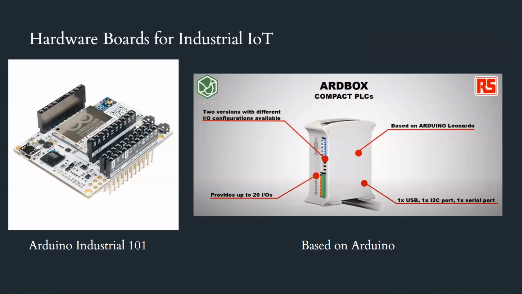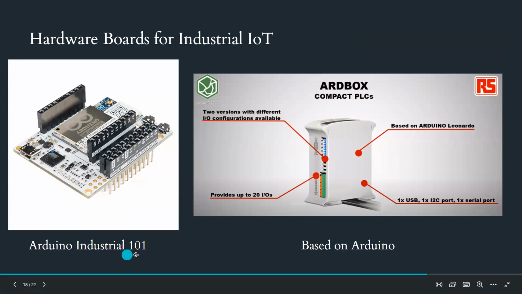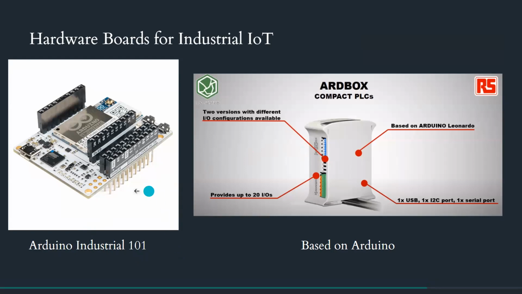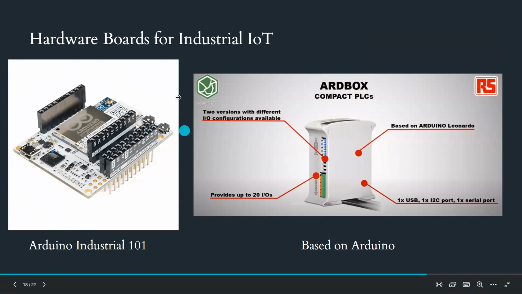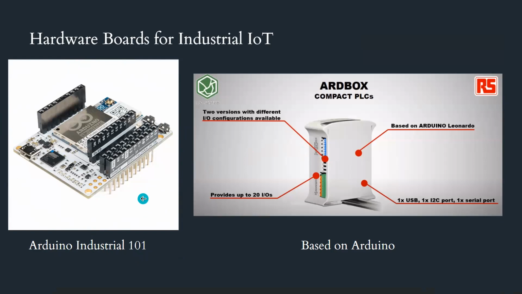Now actually, instead of PLCs, industries are introducing Arduino-based boards to be used instead of the PLC. Instead of the PLC, we can use these kind of Arduino boards which work with high voltage inputs such as 24 volts, for example.